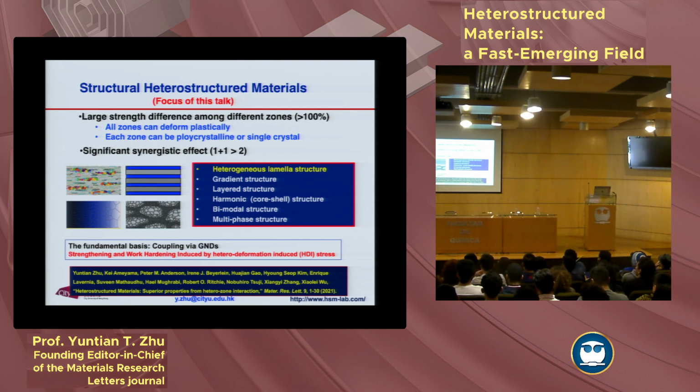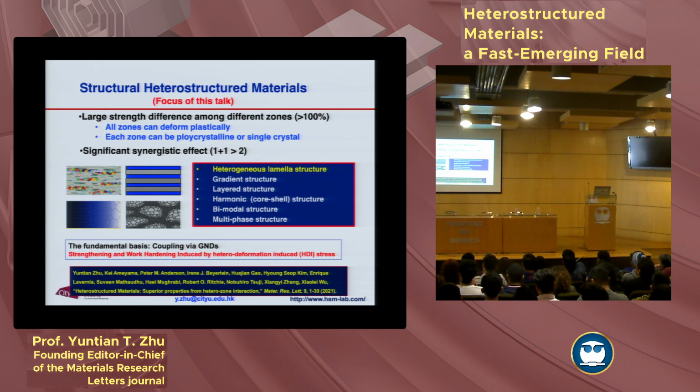There's a coupling via GNDs. This coupling via GNDs will produce strengthening and hardening, which induces heterodeformation. And that heterodeformation gives you extra stress. That's what gives you superior property.